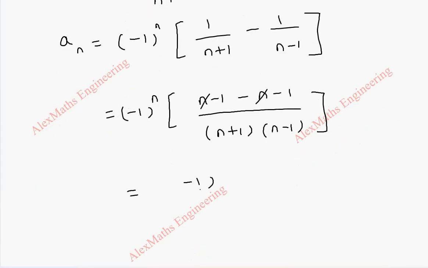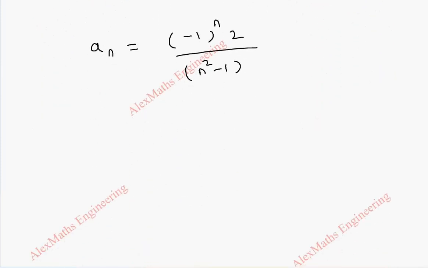So (-1) whole power n into 2 by n square minus 1. So this is our an, and further we can check the values if n is odd or even, or else we shall keep this as it is and substitute the formula.